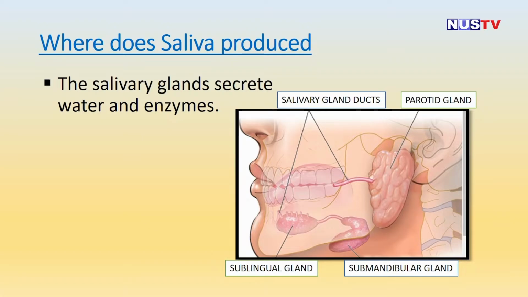They are called the parotid glands. Others are found below the jaw, and they are called the submandibular glands. And the others are found under the tongue, which are called the sublingual glands. And there are salivary gland ducts that help in the production of saliva.